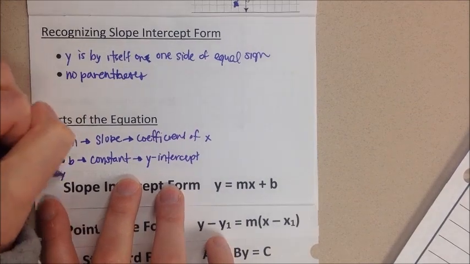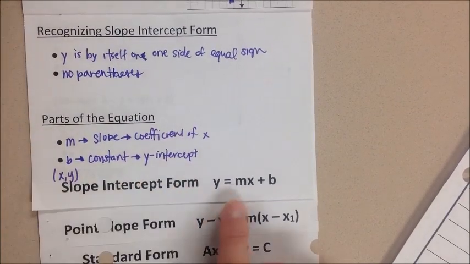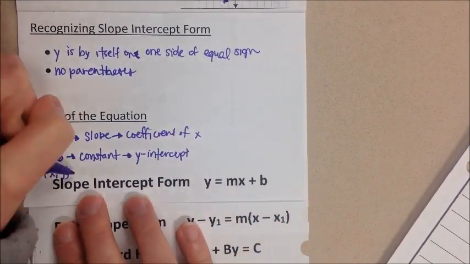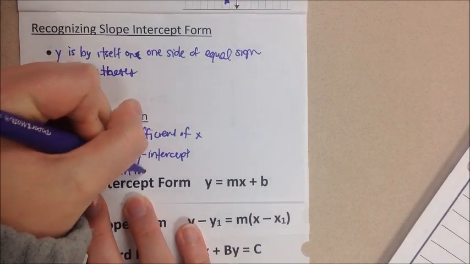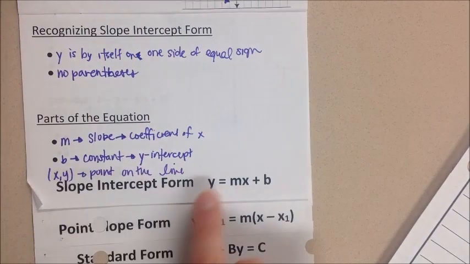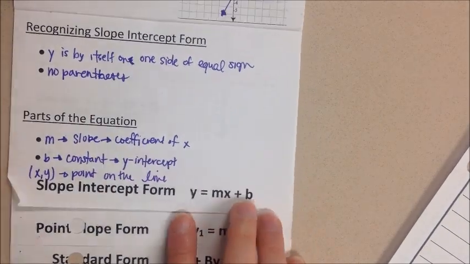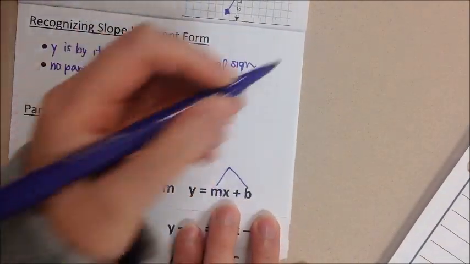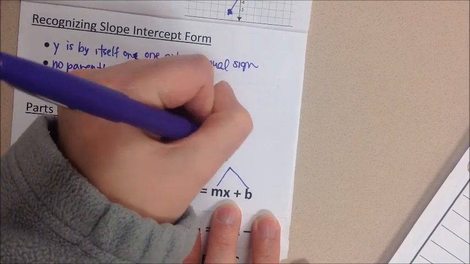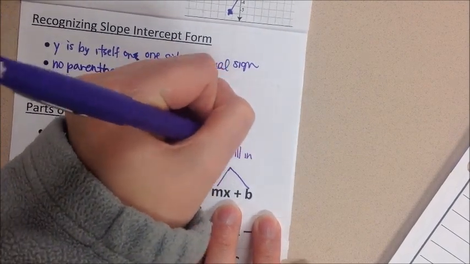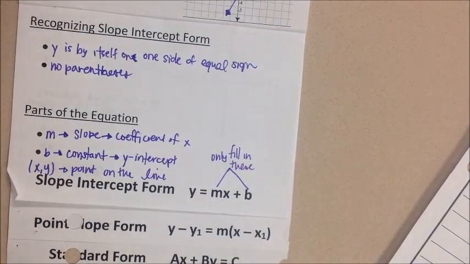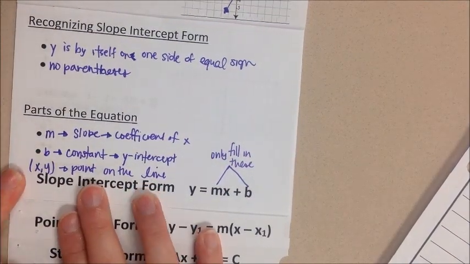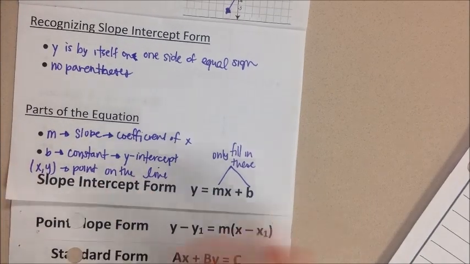And then that x and the y, if we knew what x and y were, that's a point on the line. But remember, when we're writing it in slope-intercept form, we only fill in m and b. So that's it for slope-intercept form, because we've really talked about that.